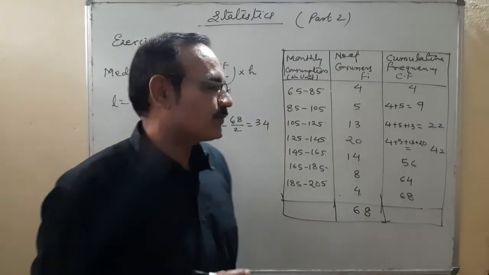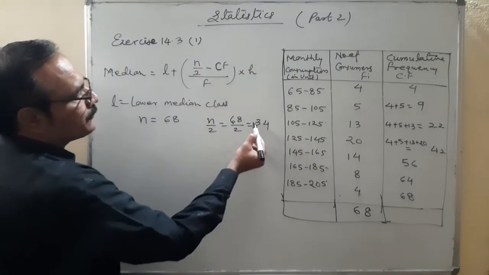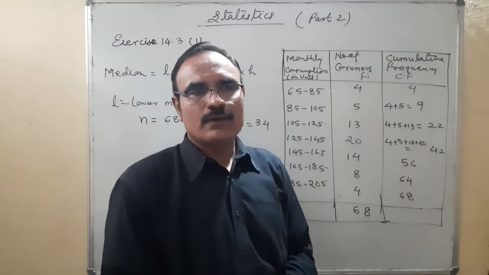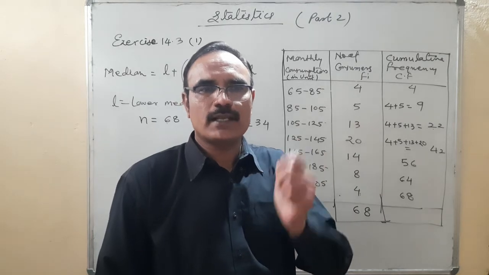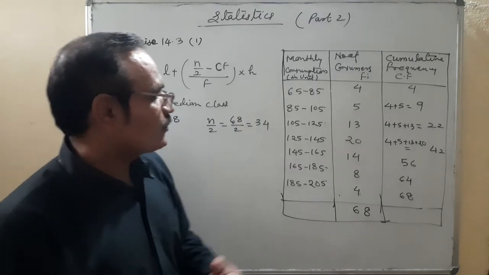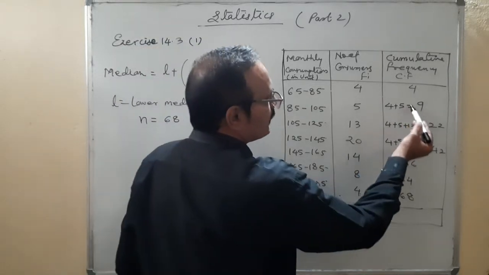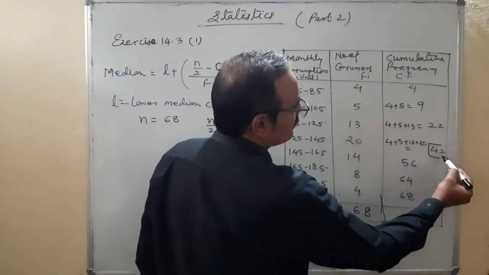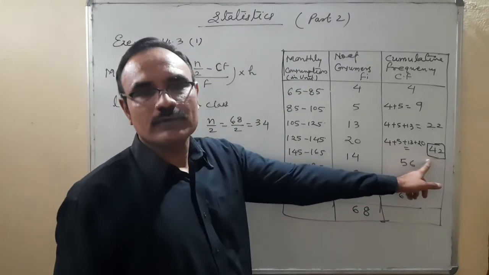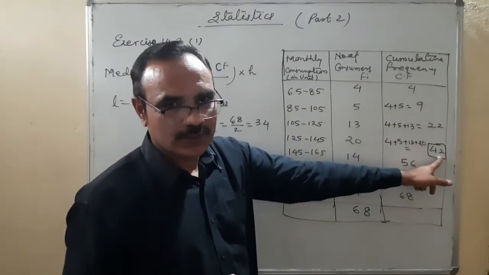Now understand one thing, it's a very important term. N by 2 is 34. In the CF column, we are going to look for a number which is just bigger than 34, n by 2. Just bigger than 34 is this number, 42.